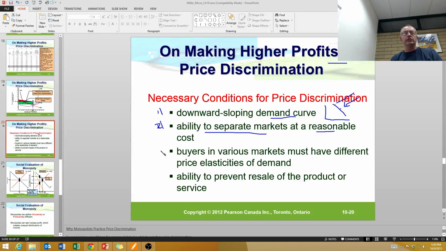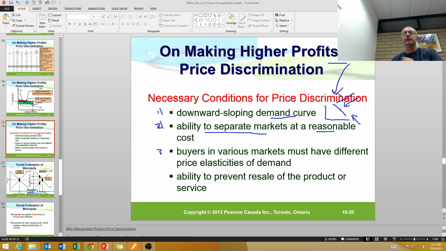Okay. So the third condition here is that the buyers along the demand curve have to have different price elasticities of demand. What it really means is that the customers paying the high price are in the inelastic section of the demand curve, and the customers at the low end of the demand curve are in the price elastic section of the demand curve.